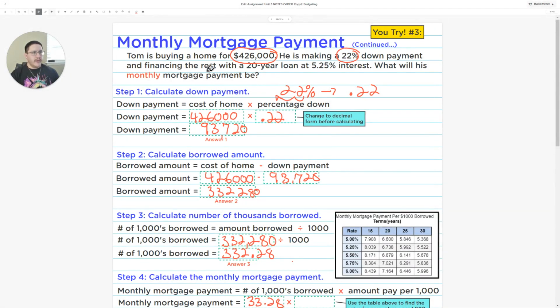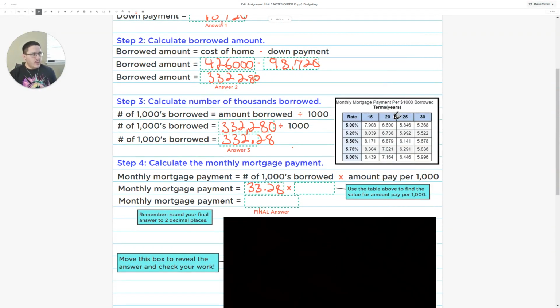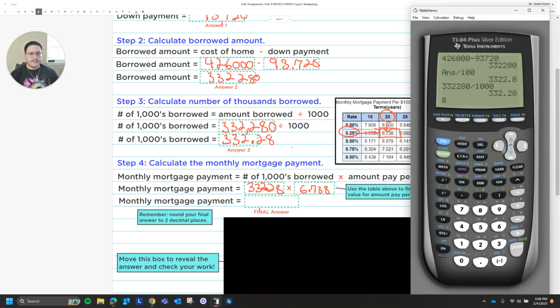We know this is a 20-year loan at 5.25% interest. So from the table, we look for the 20-year part on the rows at the top, and then the 5.25 in the column. Zoom in, and we get 6.738. So that's going to get multiplied with the amount that we're borrowing, 332.28 times 6.738.